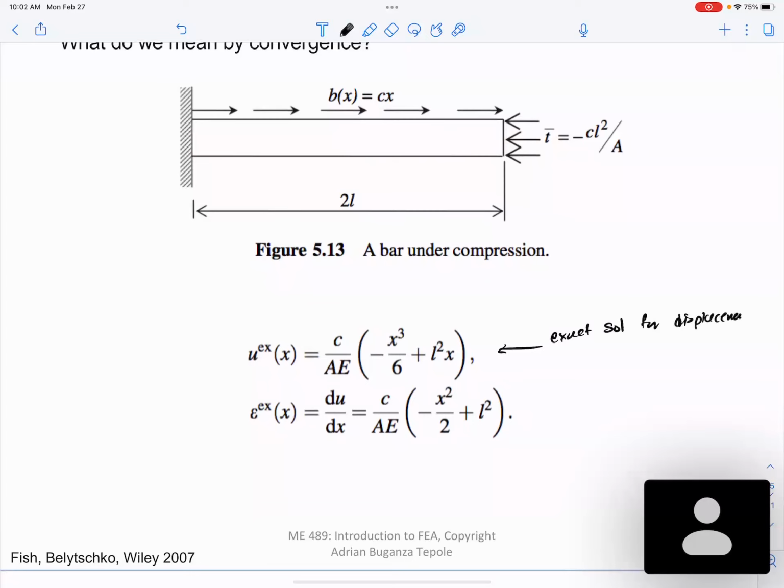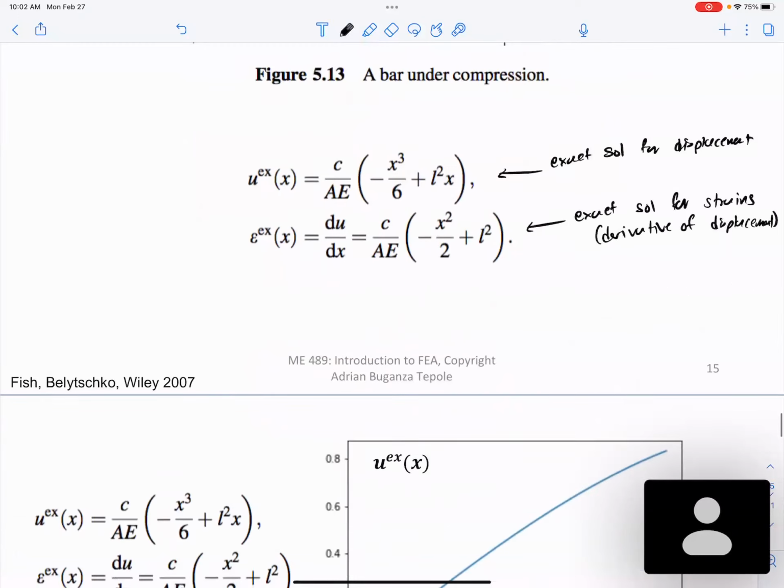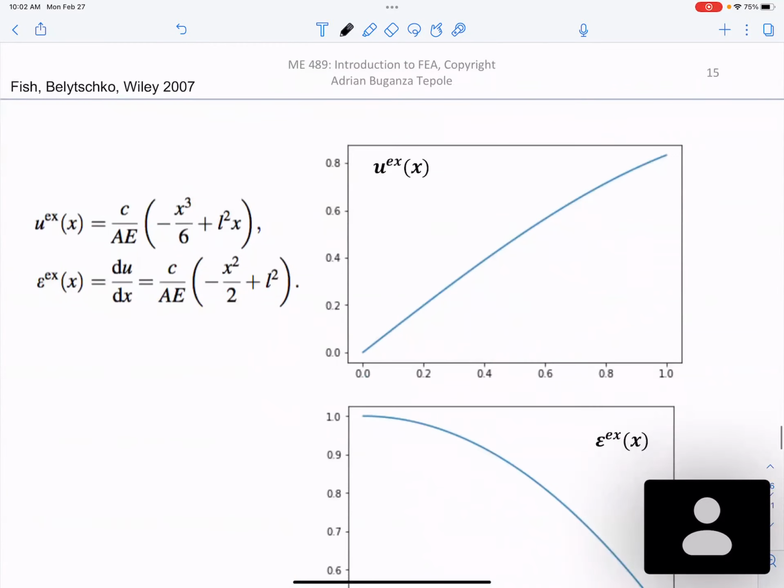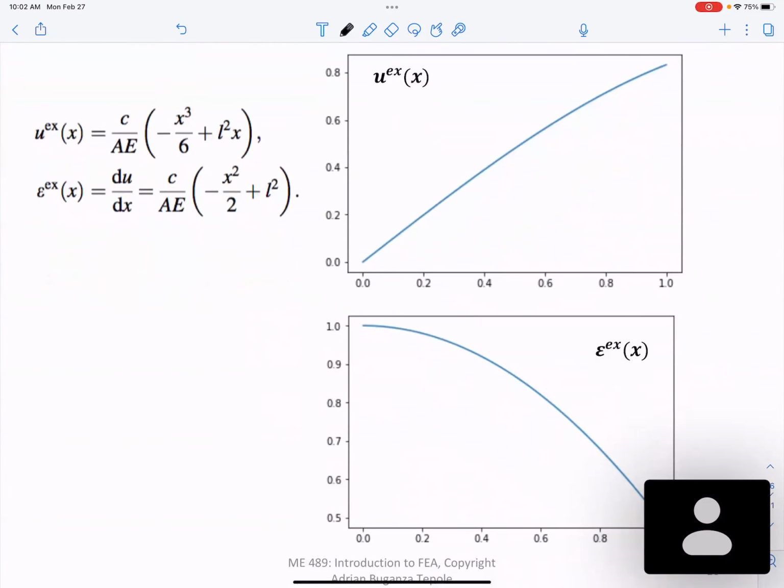And if you just take the derivative of that, this is the exact solution for the strains. This is the derivative of displacement. Here I'm just plotting the equation there. This is the exact solution for the displacement, and the exact solution for the strains.